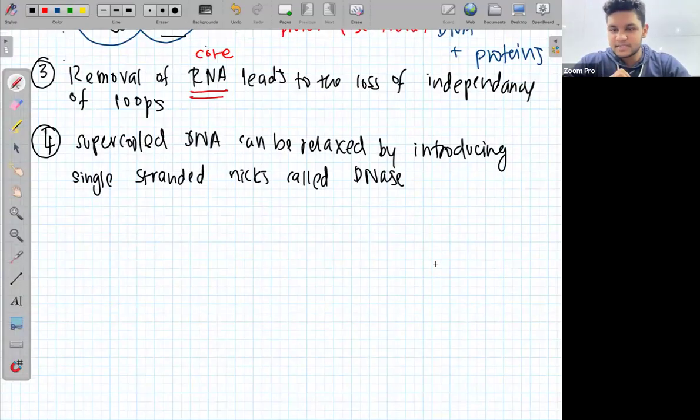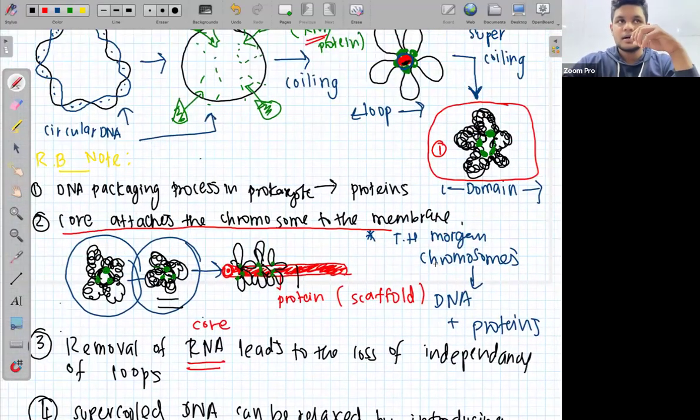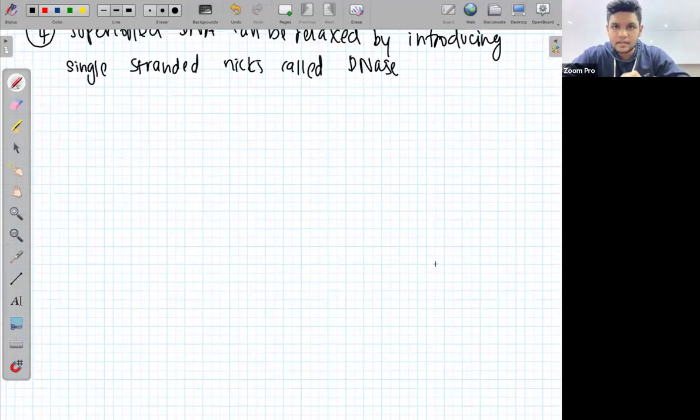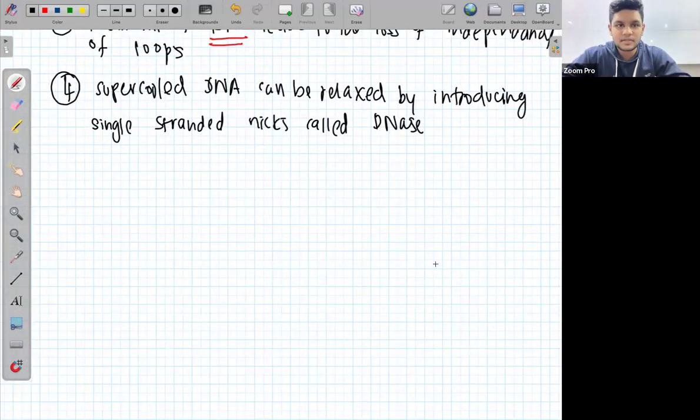Now, what do nicks mean? Just think it is a type of substance, a protein. What it does is, can you remember phosphodiester bonds, the term we came across during unit 2?